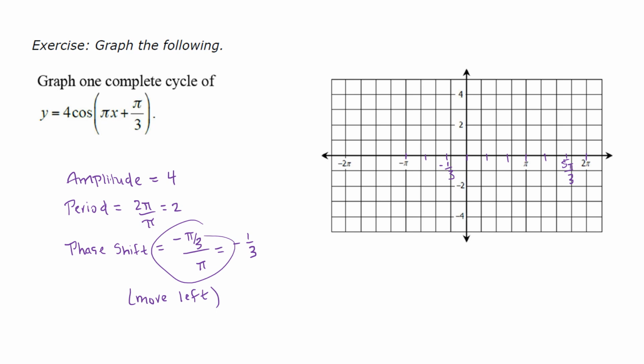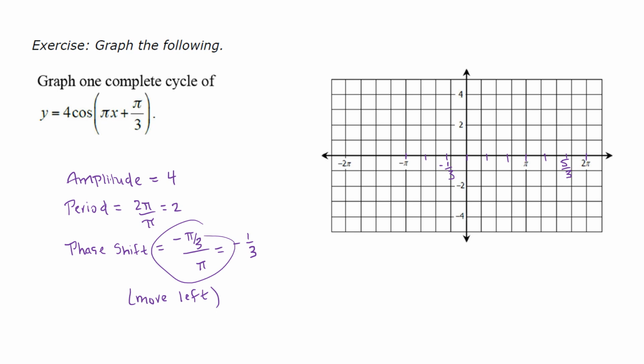So technically it's not 5 pi over 3, it's 5 over 3, which is the pi over 3 location. Yes, I guess that can be a little confusing. I'm sorry about that.